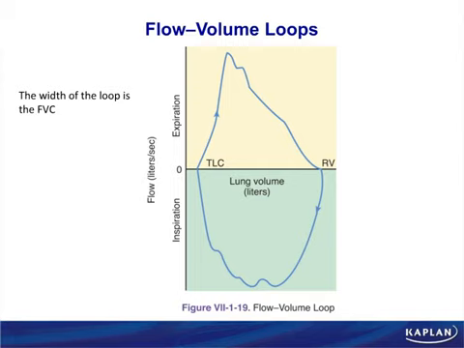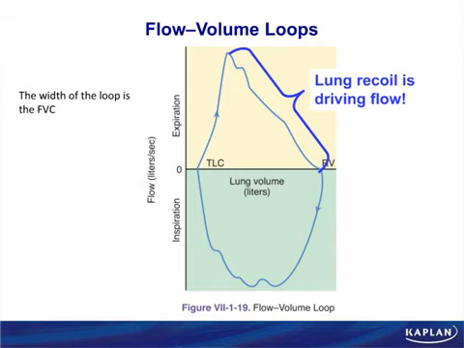Initially, what happens is flow goes very, very high. Remember, you're blowing air out hard. So initially, you get this very high peak flow. And then notice, there's a steady decline in flow as lung volume goes down. Now, what we said earlier on the physiology, what's driving the flow when we're getting this dynamic compression of airways?